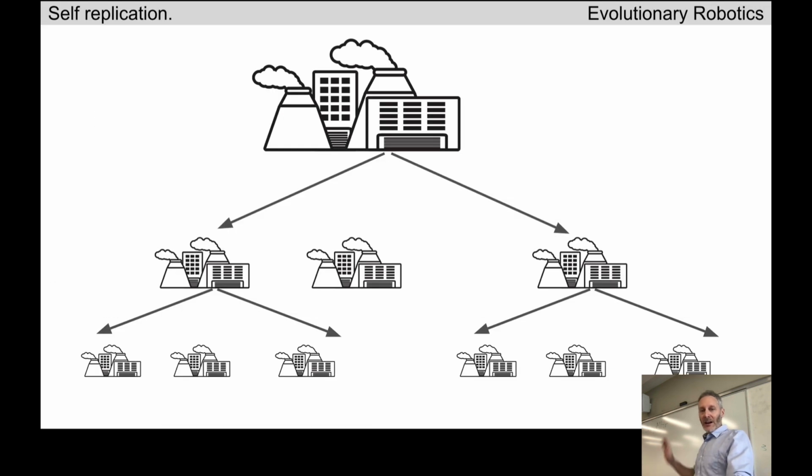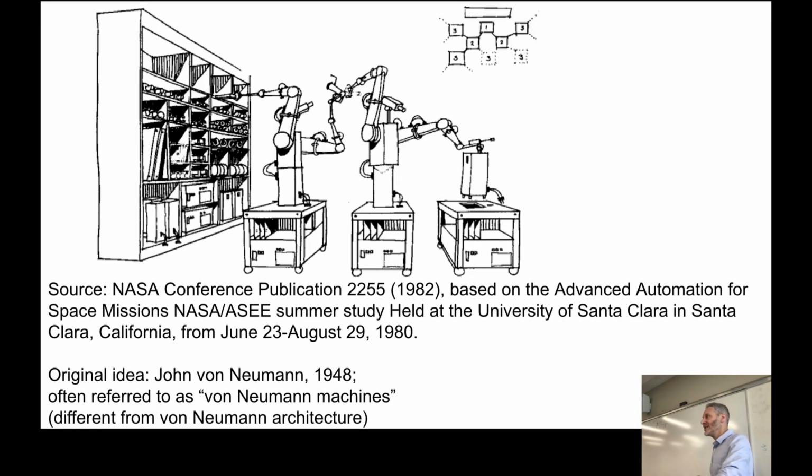Okay, we've been talking about cars and factories, but this idea obviously applies very nicely to robots, and again, self-replicating robots. Hollywood has had a lot of fun with this idea, but Hollywood wasn't there first. The original idea for this actually originated in the late 1940s from John von Neumann.